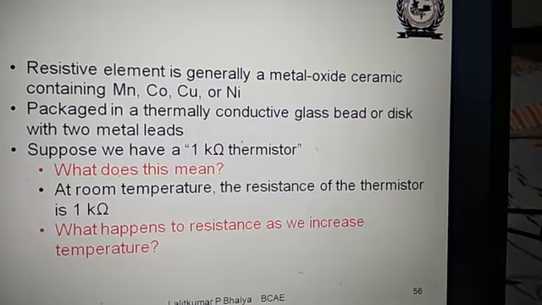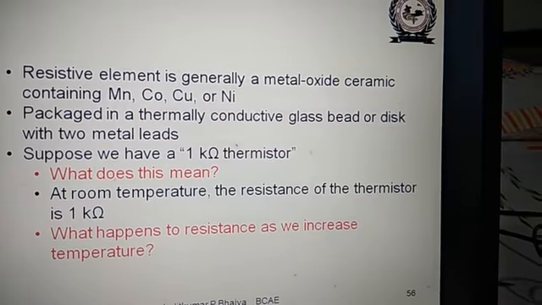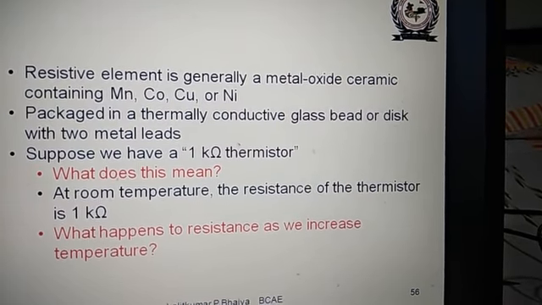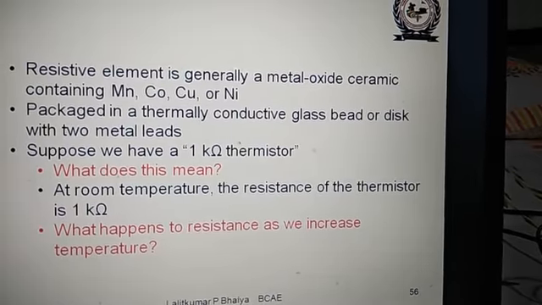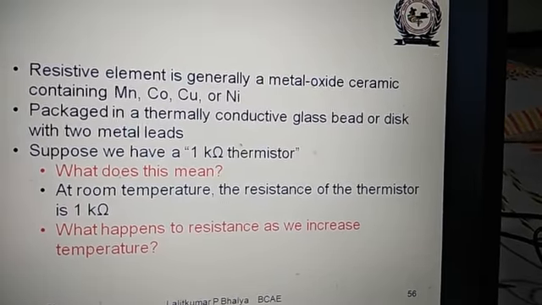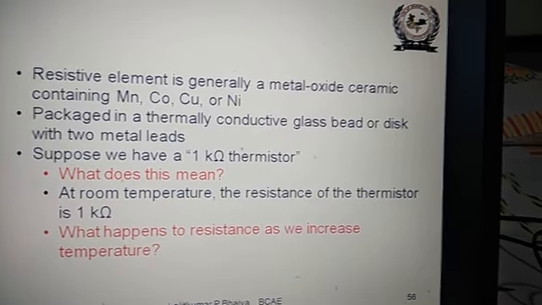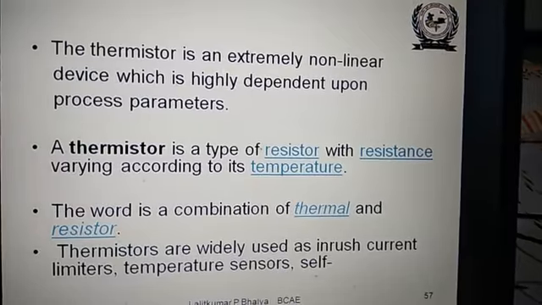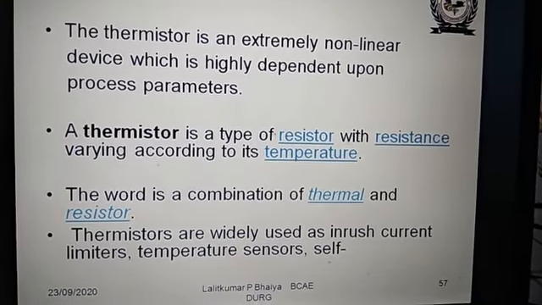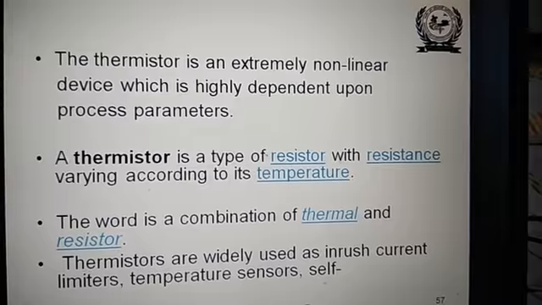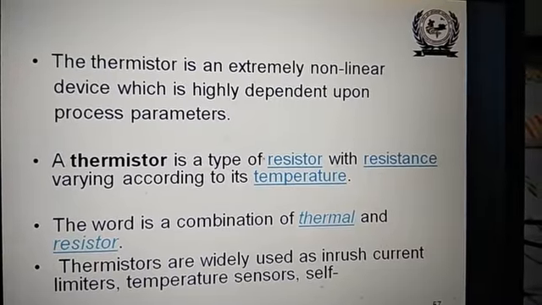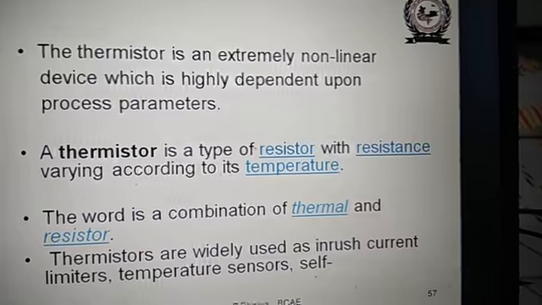We have a thermistor of 1 kilo ohm, that means at room temperature, the resistance of the thermistor is 1 kilo ohm. But what happens to the resistance as we increase the temperature? So there are two types of such thermistors. One is called an NTC and another is a PTC. Let us see later on.